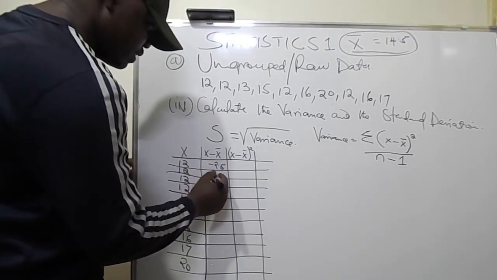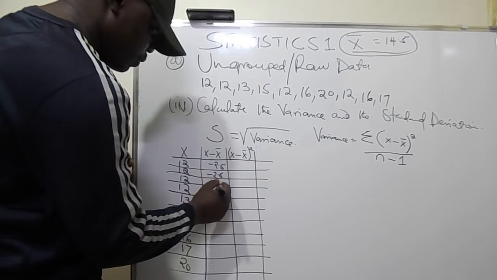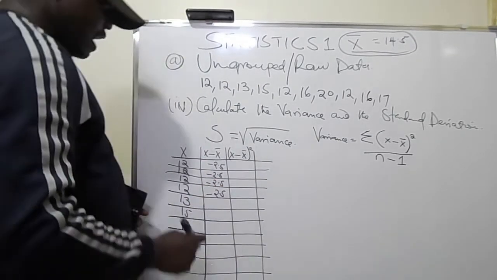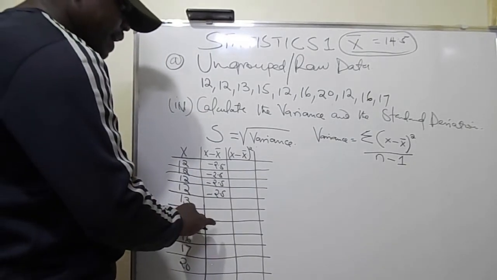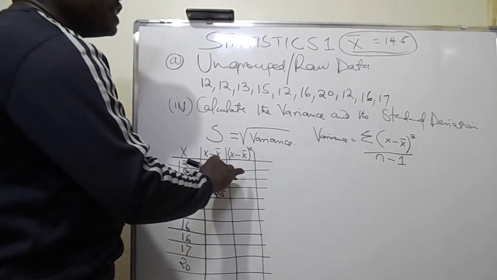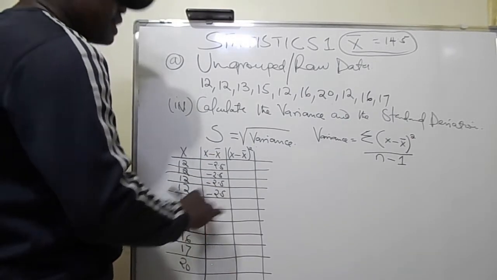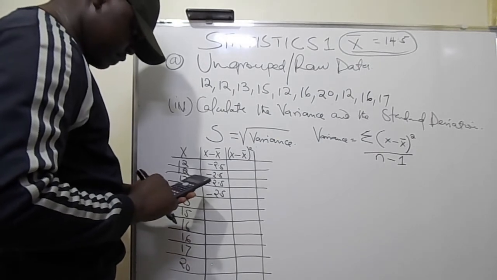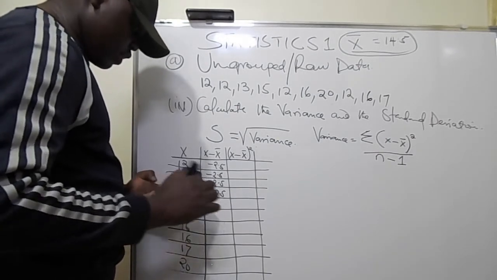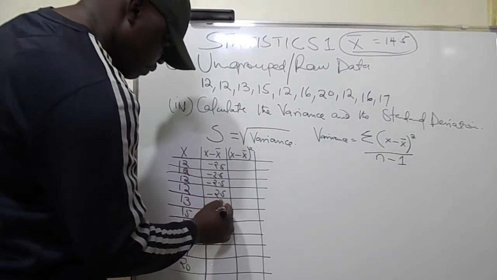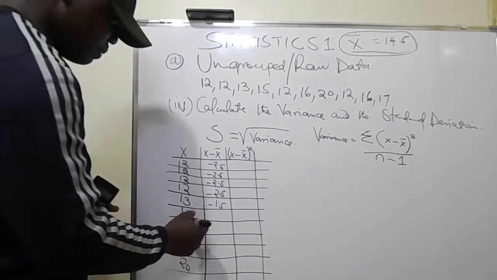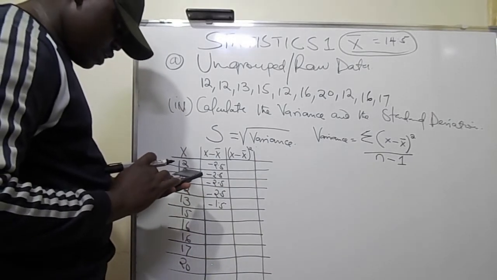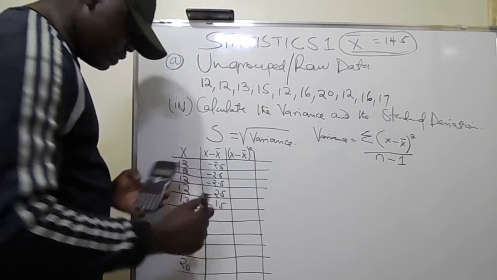Obviously, this is also negative 2.5 for the other 12s. And then 13 minus 14.5 is going to be negative 1.5. 15 minus 14.5 is going to be 0.5.